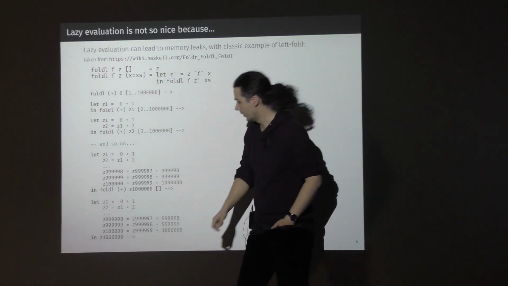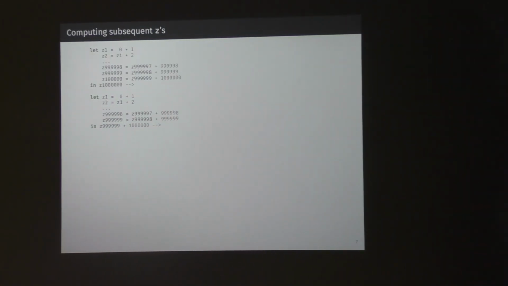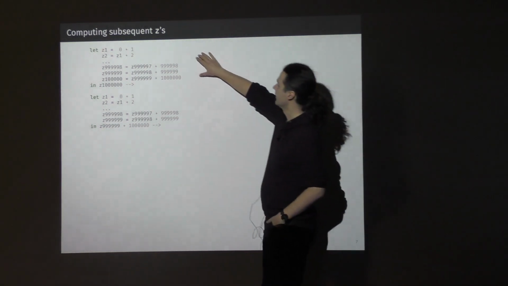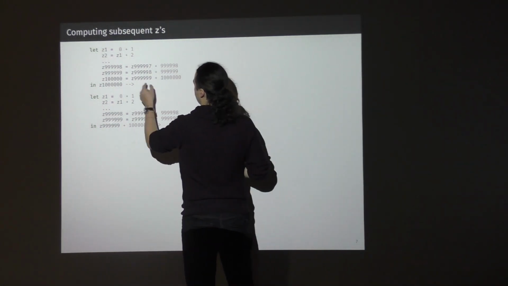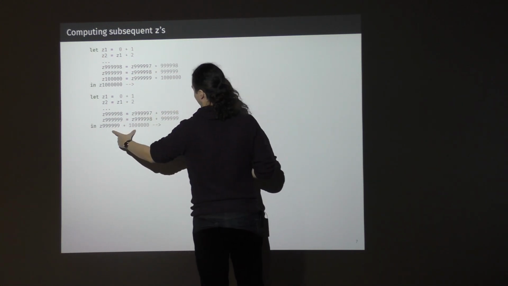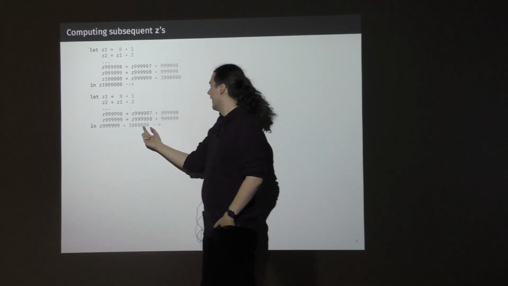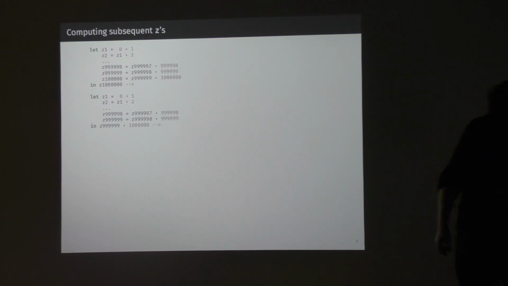So now we start evaluating the 1 million. So what happens? This is just as a reminder where we stopped. So z1 million is z999999 plus whatever. So this is it, and now this equals to that. So again we substitute.